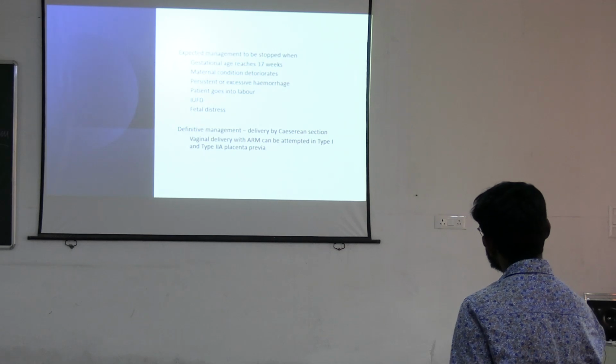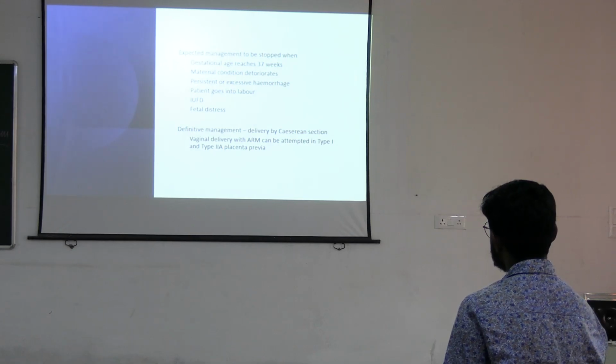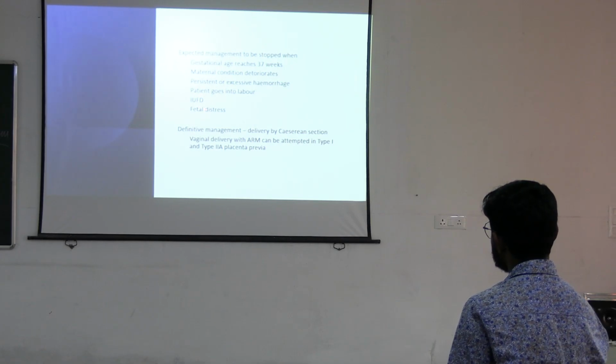Before maturity, in this condition we may have to deliver, even if it is not mature. If the mother goes into shock, severe bleeding starts, and it's over. If the fetal heart rate drops, the fetus is in distress and we deliver. If the baby dies in utero, we deliver, or if the patient goes into labor.